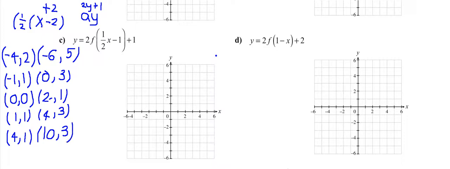Okay, so we have our new coordinates, and now it's time to graph them. So here we have -6 and 5. My dots are not very good. Okay, and our next point is 0 and 3.